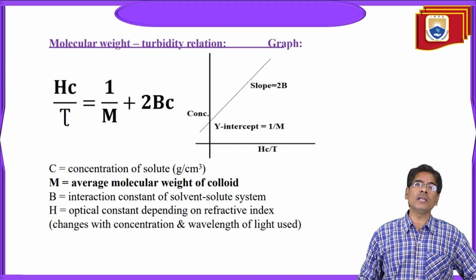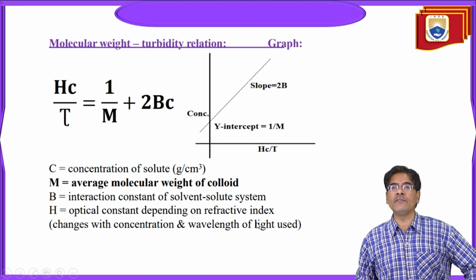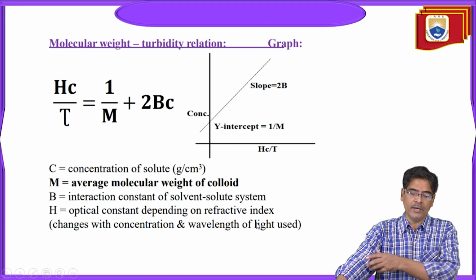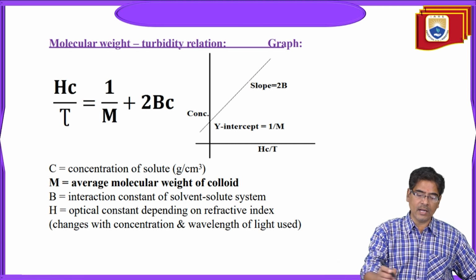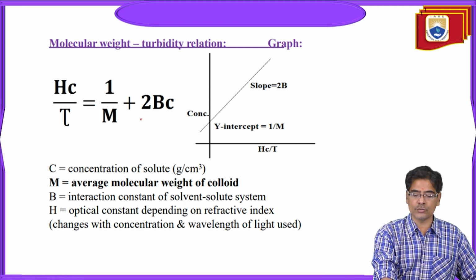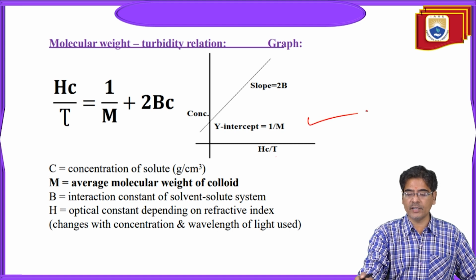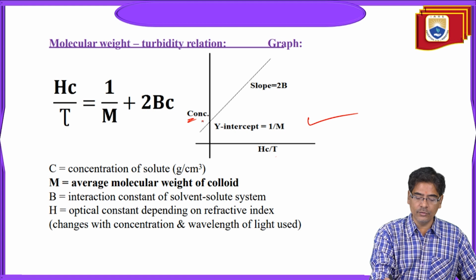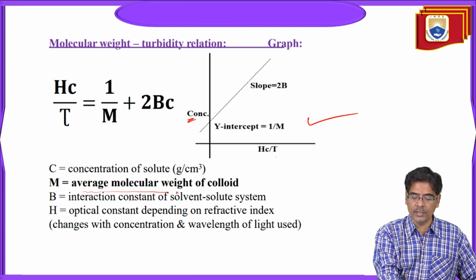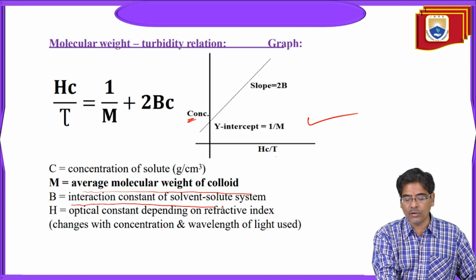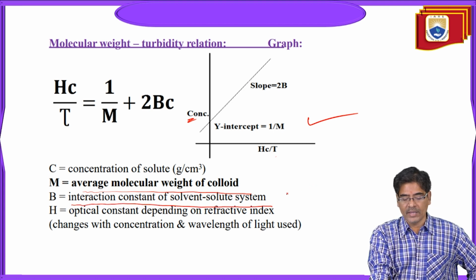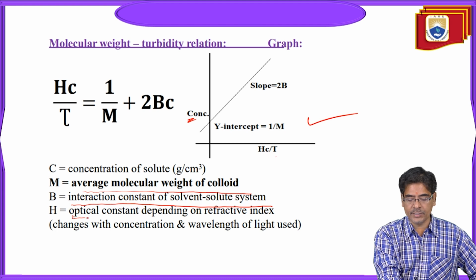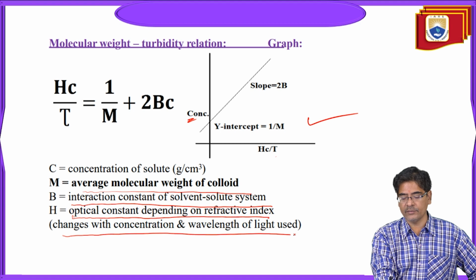Coming to the molecular weight turbidity relationship, we have the expression Hc by tau equals 1 by capital M plus 2Bc. This is a graph plotted between Hc by tau and concentration, where c is the concentration of the solution, M is the average molecular weight of the colloid, B is the interaction constant of the solvent to solute system, and H is the optical parameter, which depends upon the refractive index, so it changes with concentration and wavelength of the light used.